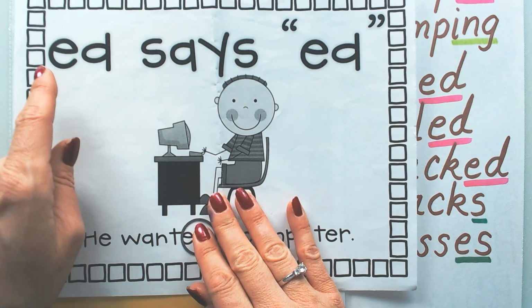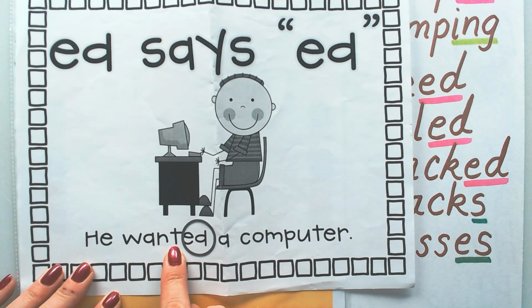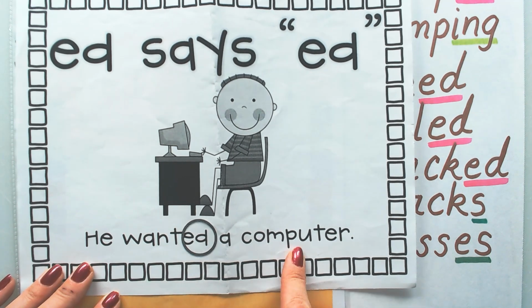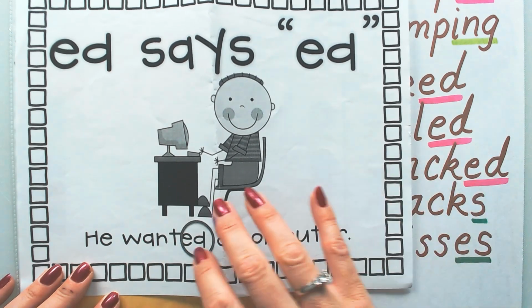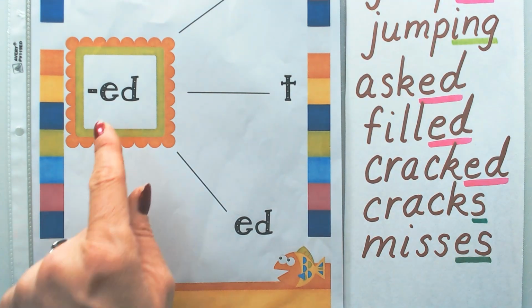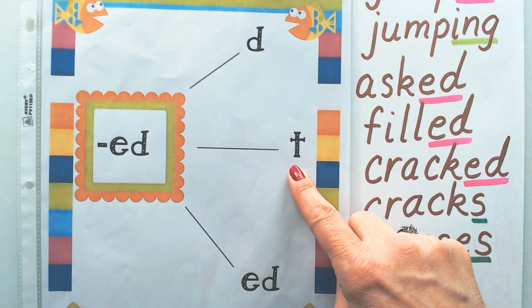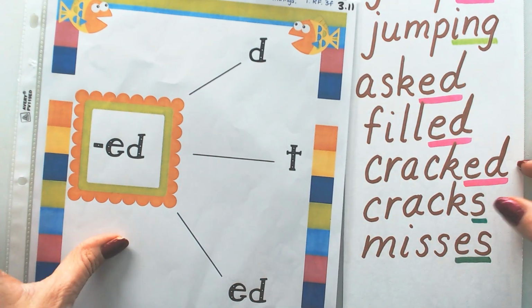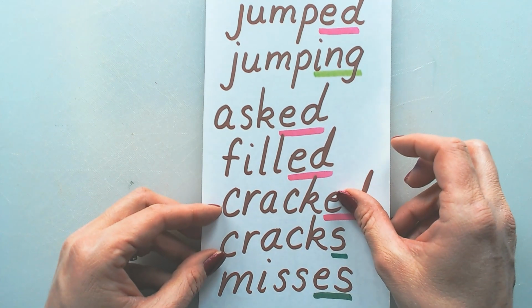It says, sometimes ED says ed. He wanted a computer. Sometimes ED says ed. Wanted. So that just is to show you ED makes three sounds. D, T, and ed.